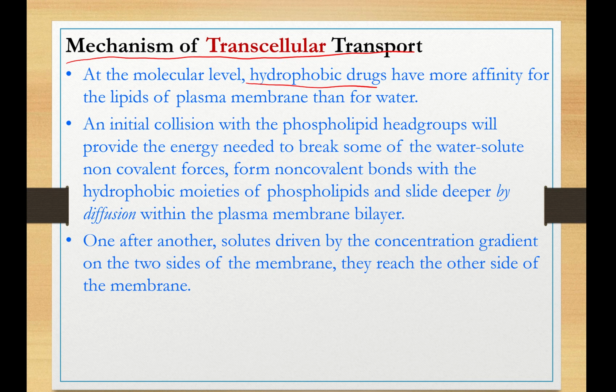Initially, the hydrophobic drug, which has some affinity for water, of course, because it is in solution, does collide with the phospholipid head groups of the plasma membrane, and it does provide energy needed to break some of the water and solute interactions. Okay, so here we have water and solute. What we mean here, this is the water, that's the solvent.